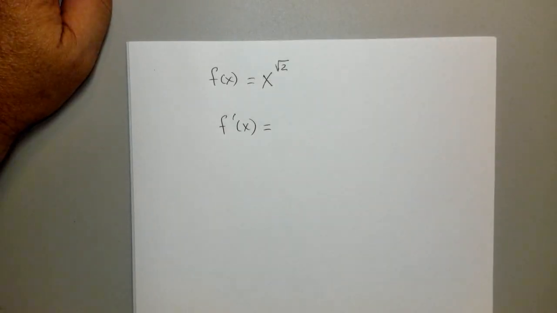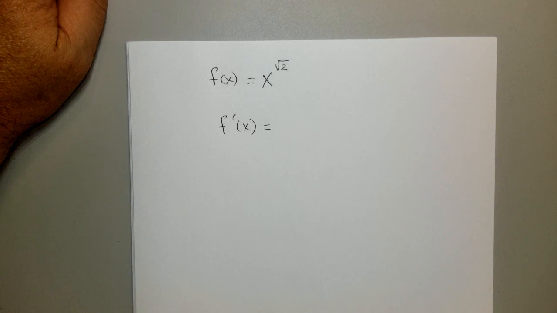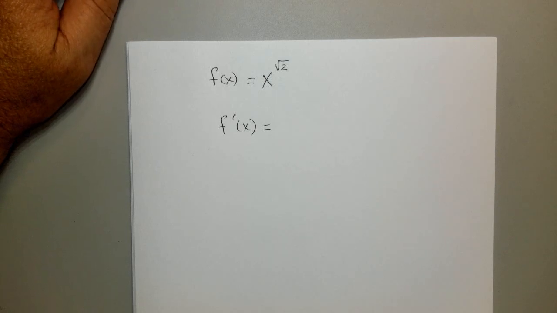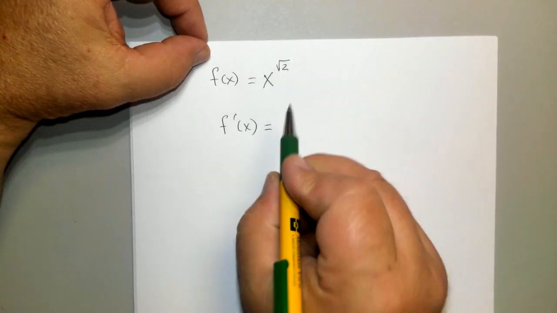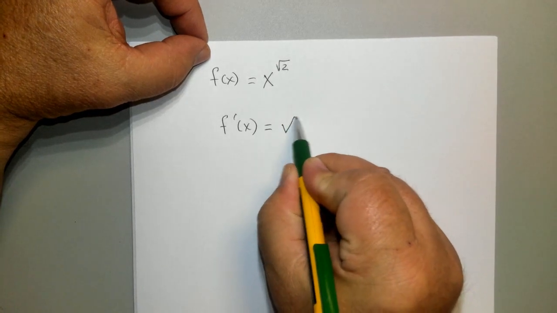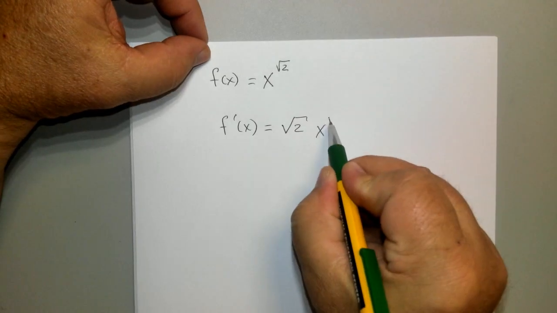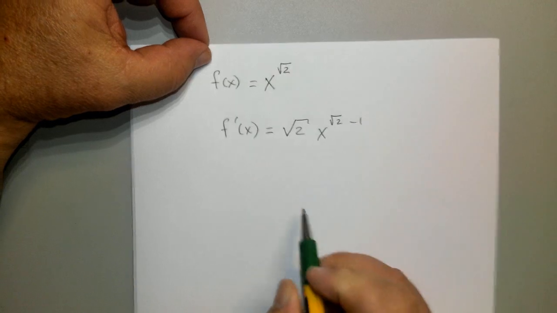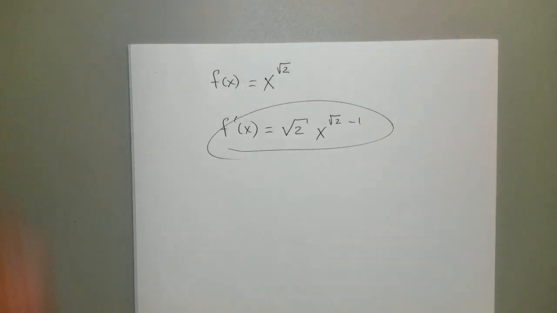There's really only 2 steps you have to do. What's the first step? Bring down your exponent, which is radical 2, and then subtract 1. There's your answer. Radical 2 minus 1, unless you have a calculator, but it's as good as it gets.